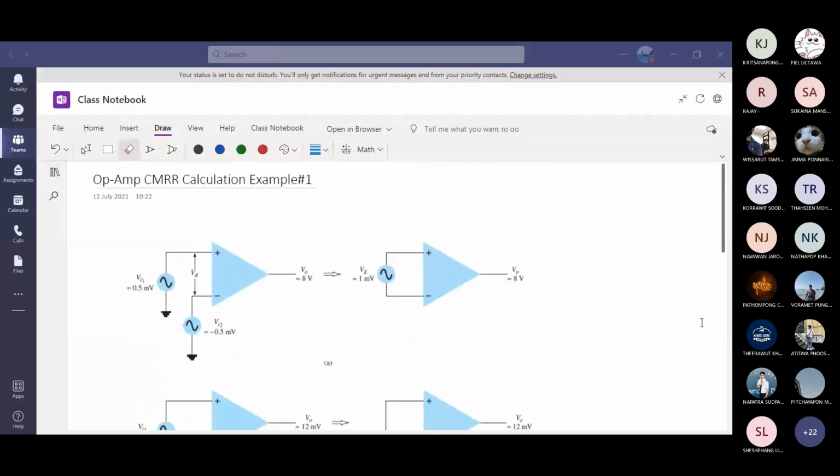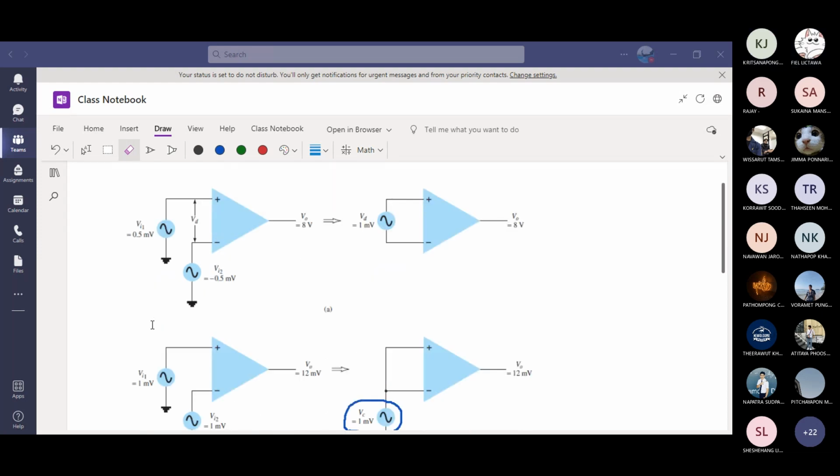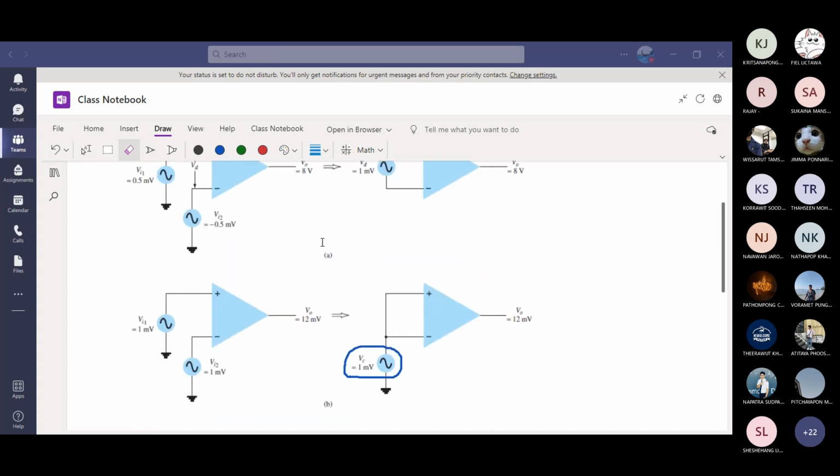You should be seeing now op amp CMRR calculation example 1. Can everyone see? Yes, we can see. Okay. An op amp is presented to you in two cases.